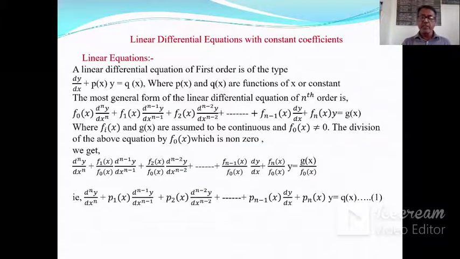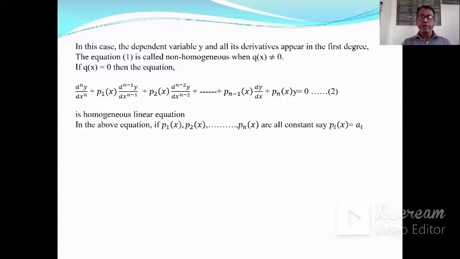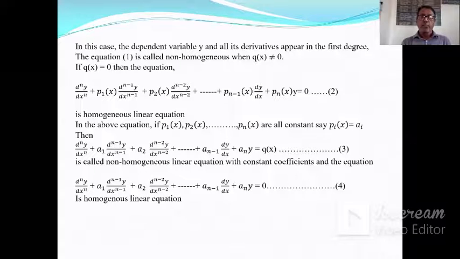If we consider the differential equation of the type d^n y by dx^n plus P1(x) d^(n-1) y by dx^(n-1) plus ... plus Pn(x) y is equal to Q(x), and if the coefficients are constant, then we call this equation an nth order non-homogeneous linear differential equation with constant coefficient.